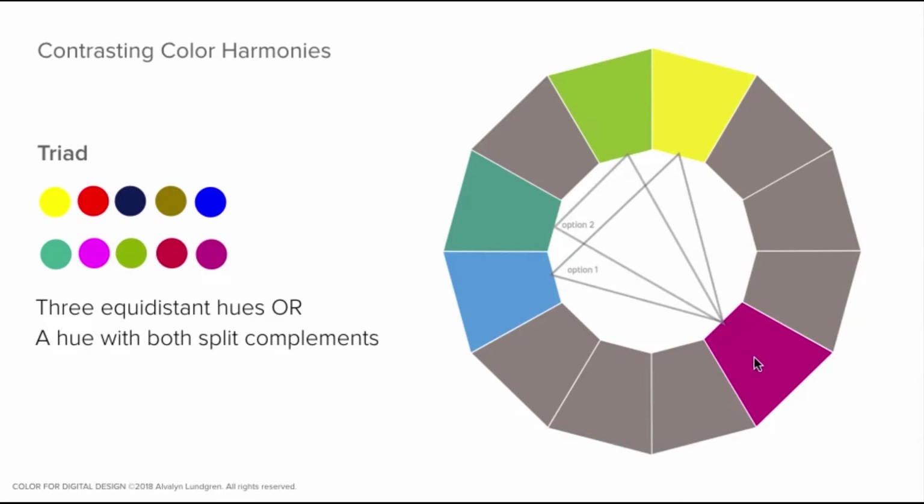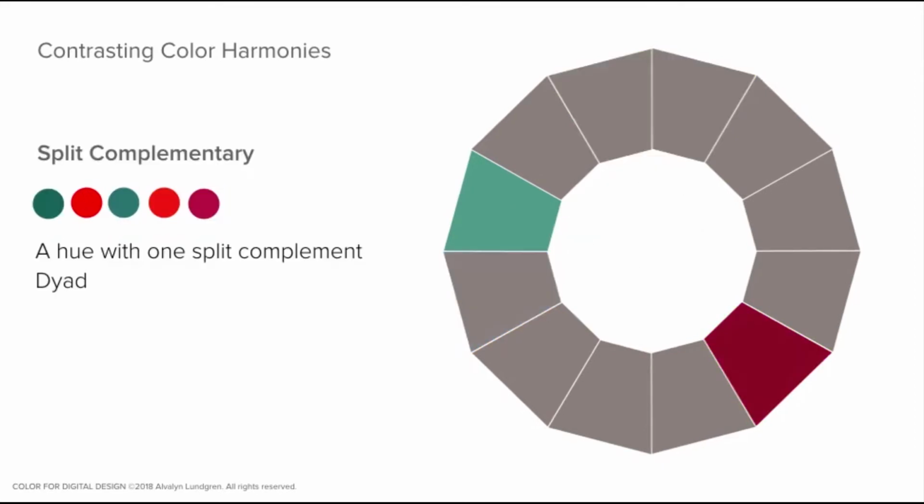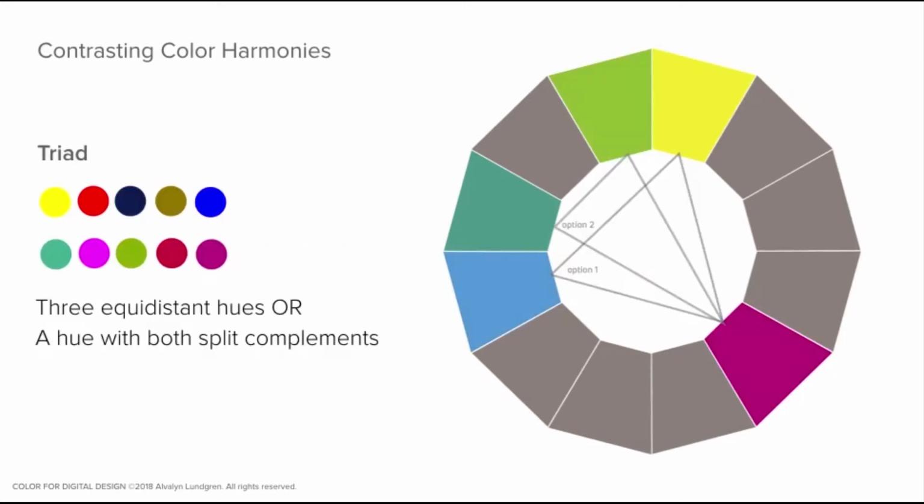And you're taking a single hue with both of the splits. So remember here, we talked about taking one of the splits to make a split complementary, which is a dyad. In a triad, we take both of those split or near complements. So in this case, blue-green and yellow-green, along with the red, the magenta, create the triad. So again, three equally spaced hues, or a hue and both of its split complements.